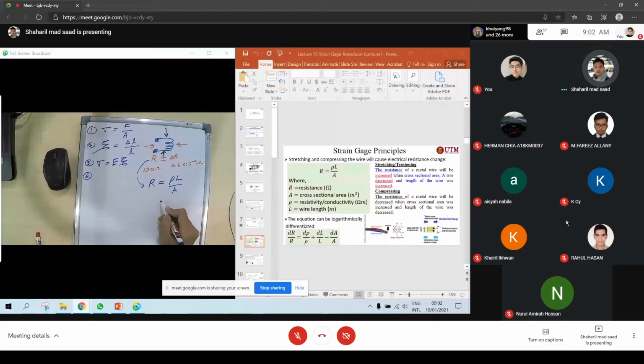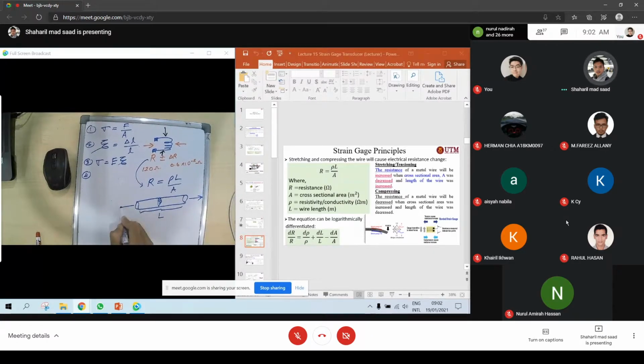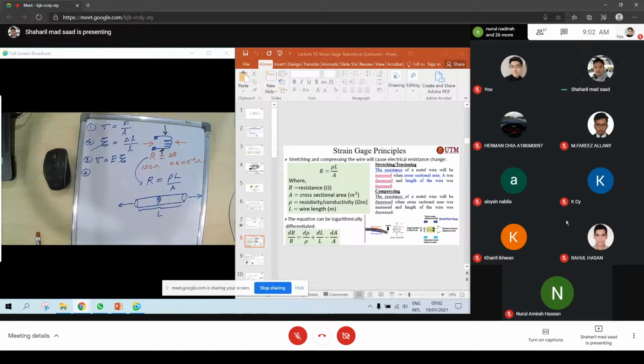So what happened? Remember the concept of the rod, the initial one that I showed you here. This is the area, and this is the initial length. When you stretch it, that means you apply some force in that direction. So what happens to L? L will increase. When L is increased, your resistance will be increased.